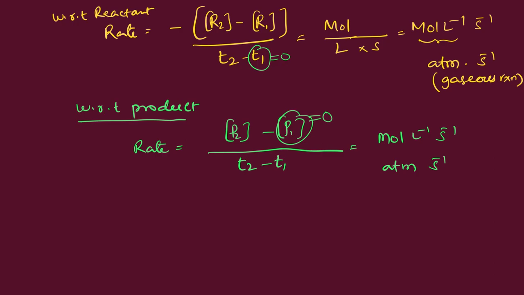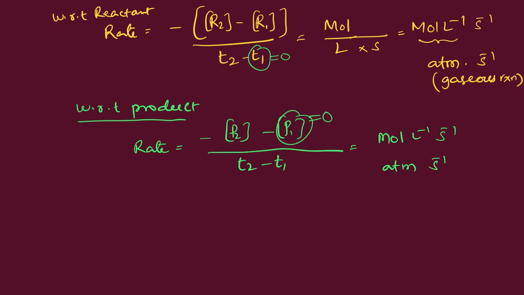So now we know the rate with respect to reactant and rate with respect to product, that is, the rate at which the reactant is consumed and the rate at which the product is formed. Rate is generally a positive term, therefore we multiply it with the negative sign for the reactant, but in the product it is positive anyway, no need to multiply or write.